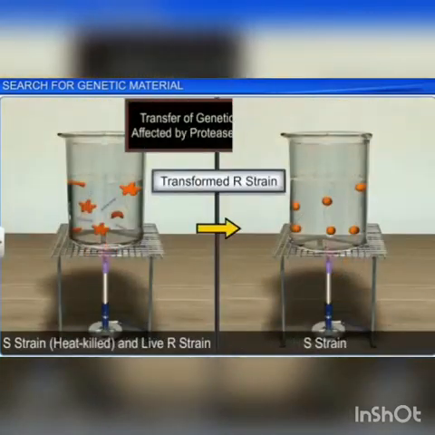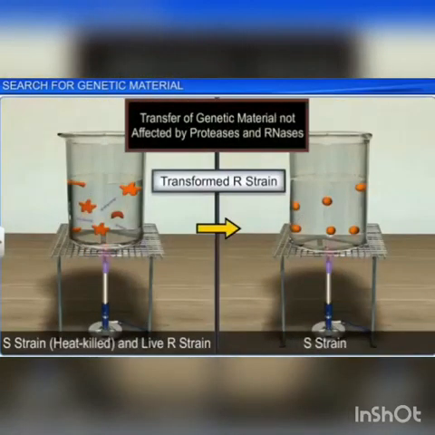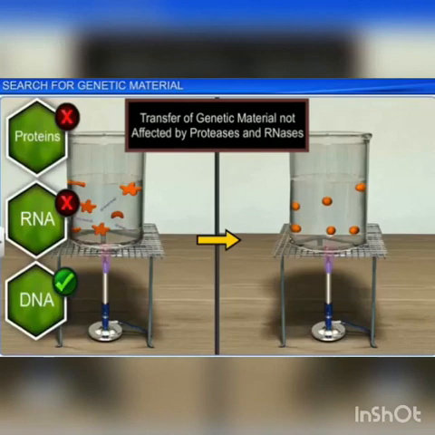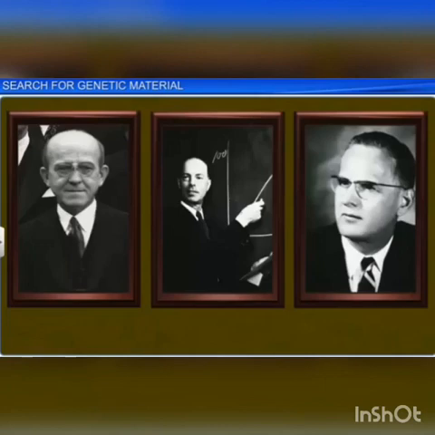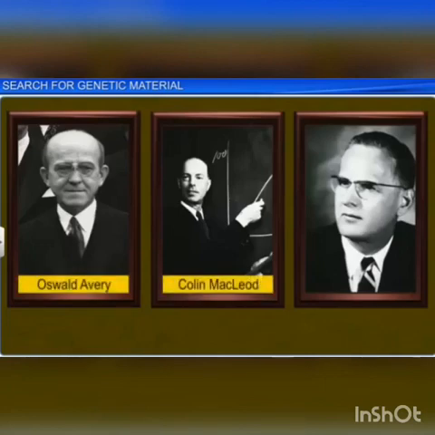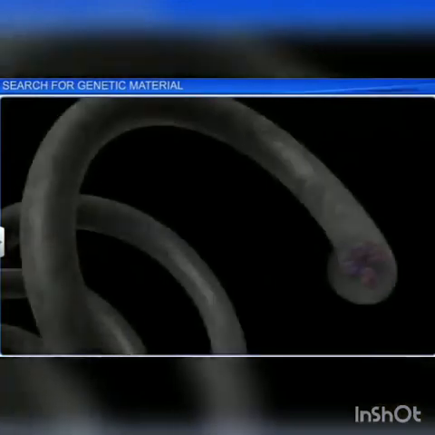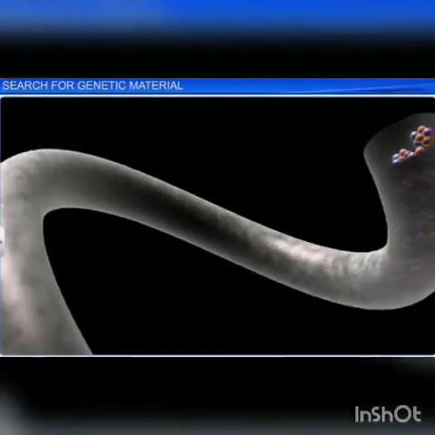This led to the conclusion that proteins or RNA were not the transferring substance and implied that DNA was the cause of transformation. Thus, Oswald Avery, Colin MacLeod, and Maclyn McCarty concluded that DNA is the hereditary material in most living organisms.